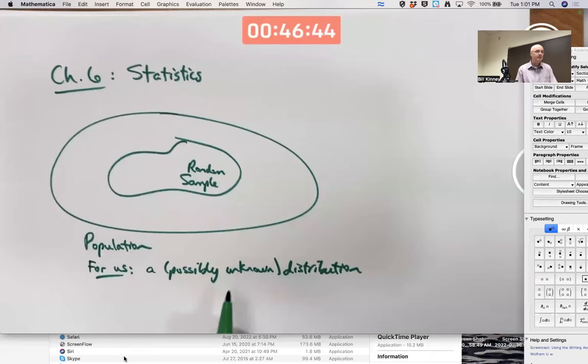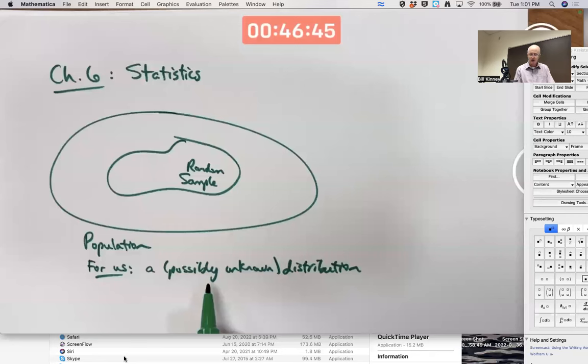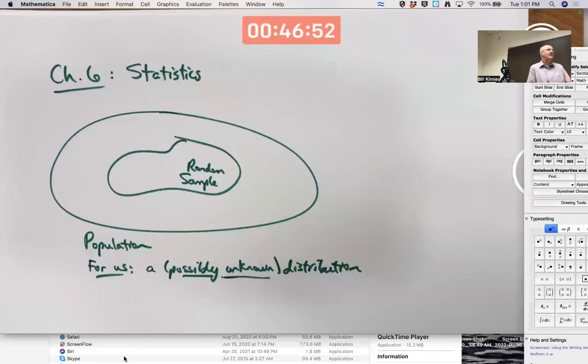It's very possible, you might even say most common, that you don't know what the distribution is. Because you just haven't studied this population enough to know. Or maybe more accurately, it's impossible to know exactly what the distribution is. Nobody but God knows it.